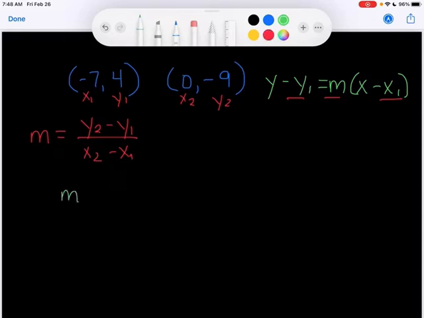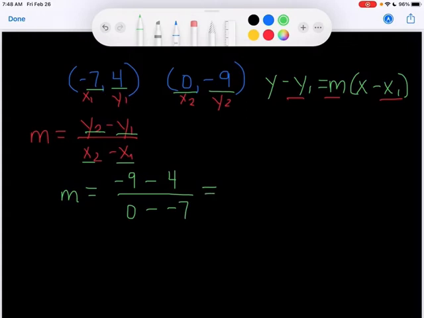m equals, well, y sub 2 is -9, so I get -9 minus y sub 1 is 4 over x sub 2 is 0 minus x sub 1 is -7.